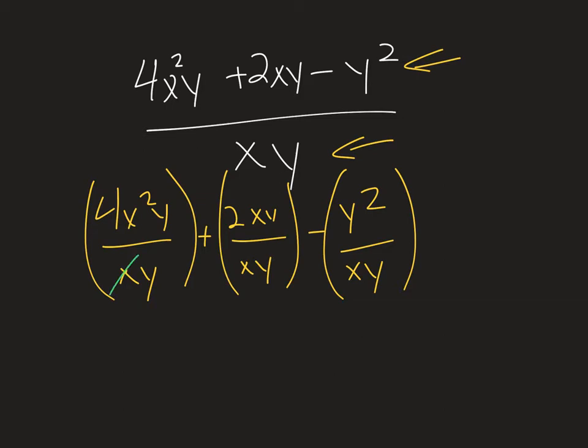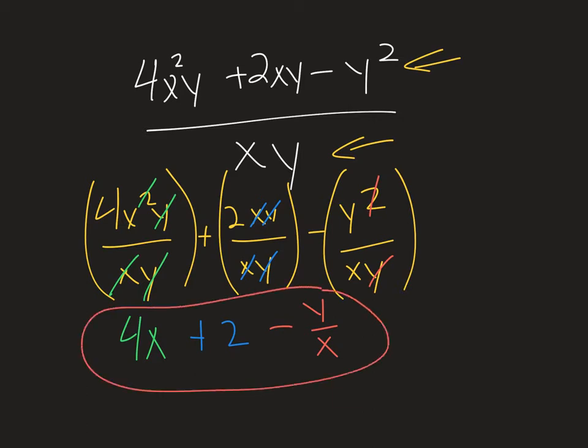In this case, one of those x's cancels out an x, a y cancels out a y, so all we have is 4x on this one. In the middle case, the y and the x both cancel, leaving just a plus 2. And in the last case, just one of the y's cancels, leaving you with y over x. And this would be as simplified as we can make this for now.